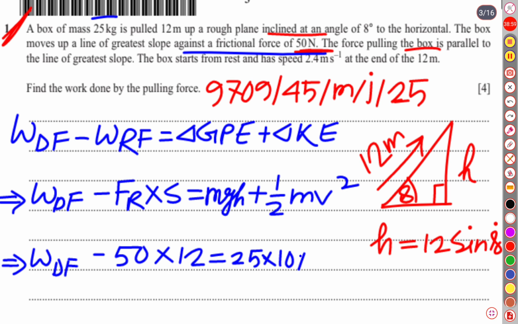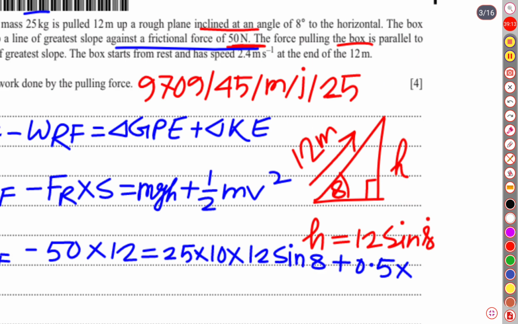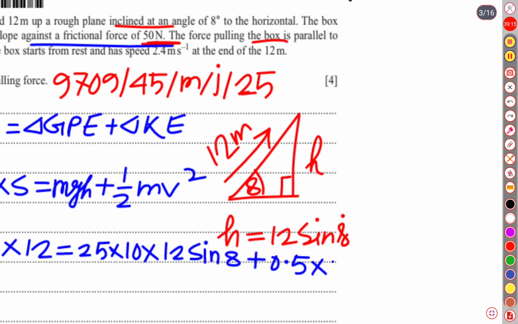Height is, as we already found, 12 sine 8 degrees. Then plus half, meaning 0.5, mass of the particle is 25, then v squared. Now look at this.